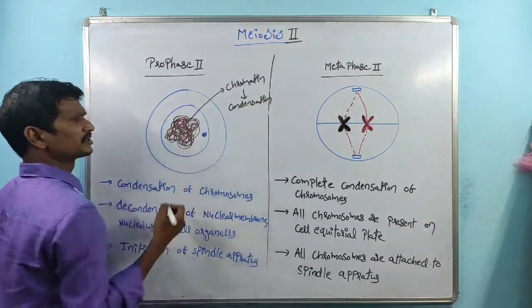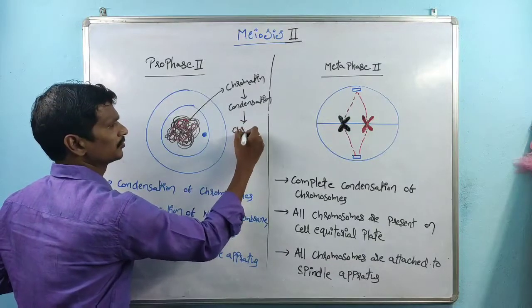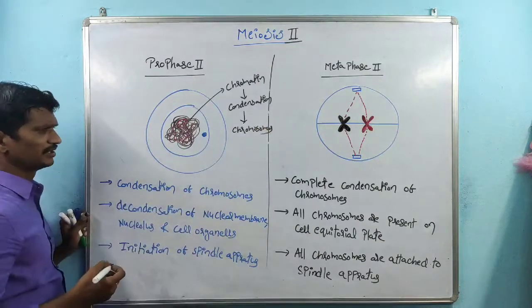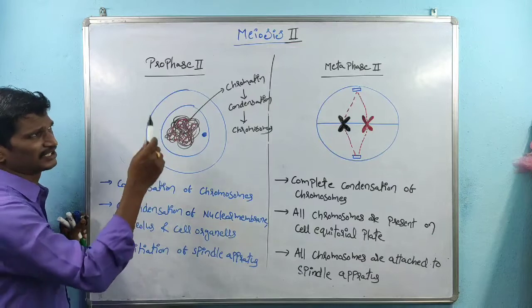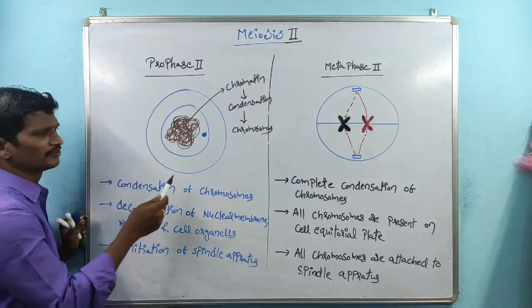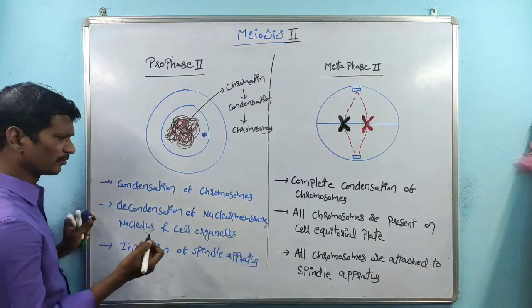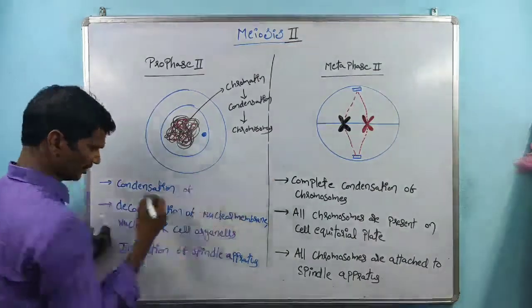So the chromatin starts the condensation process and forms the chromosomes. Right? If anybody wants to write "condensation of chromosomes" here, this is not exactly suitable.